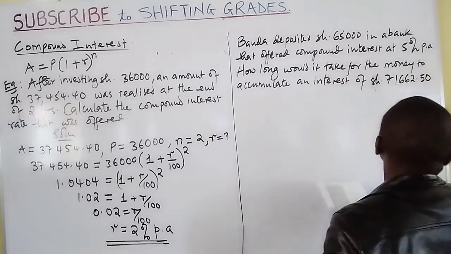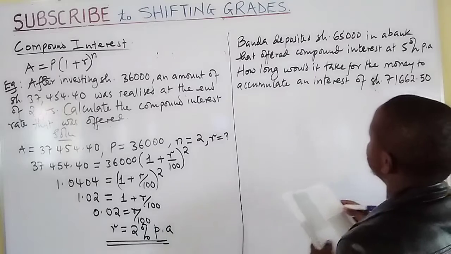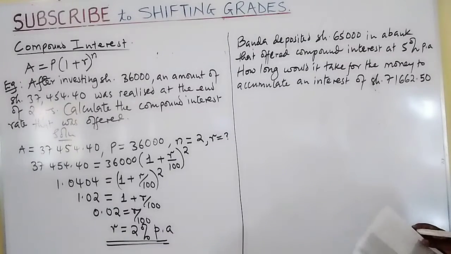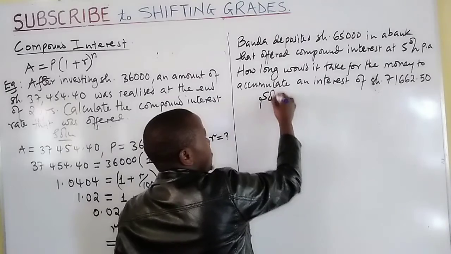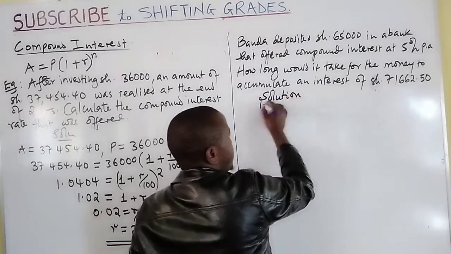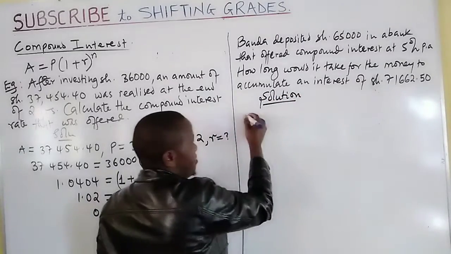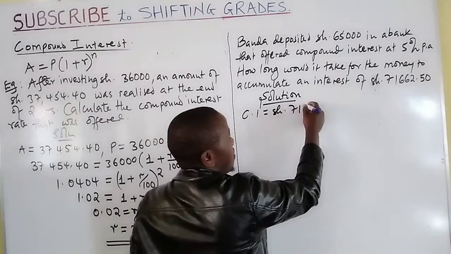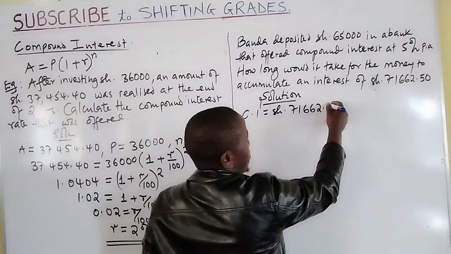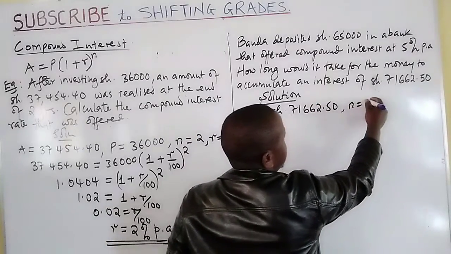71,662.50. How much time will it take for the money to accumulate an interest of this amount? This is a bit tricky. It's good to realize that in this case, you've just been given the compound interest, and the n is not given.